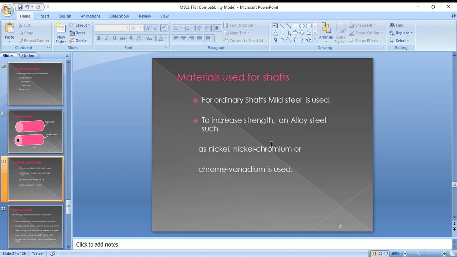Cold rolled shafts are stronger than hot rolled shafts, but the process leaves higher residual stresses. Shafts for special purposes are made by forging. So these are the materials: one is mild steel and the other is alloy steel. These shafts can be hot rolled or cold rolled.